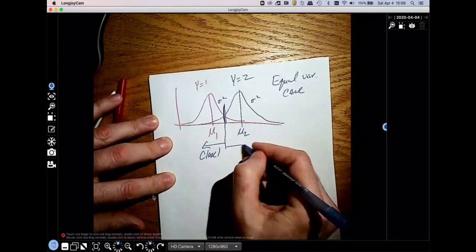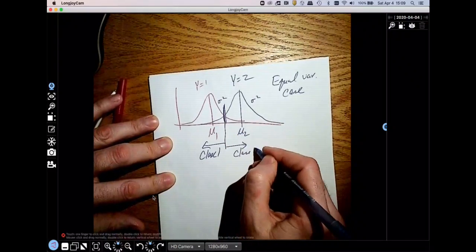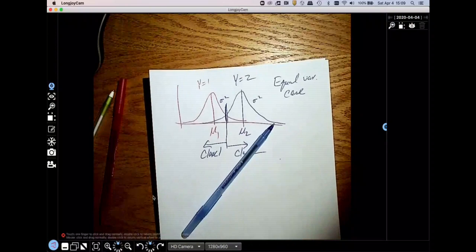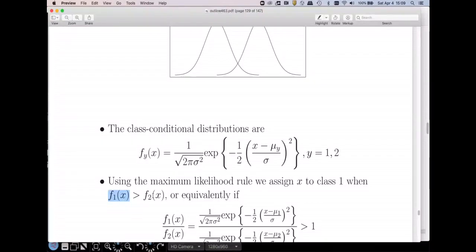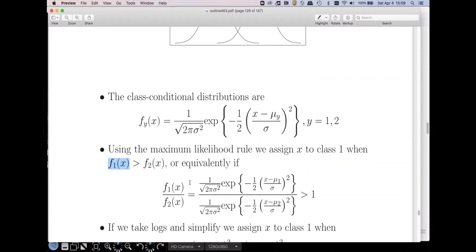We're going to call all these people class 2. So those are our assignments. That is the maximum likelihood rule. Another equivalent way of writing this rule is I could divide both sides by f2, because then I have this ratio, f1 over f2, and if I have f2 over itself, I get 1 on the right-hand side.